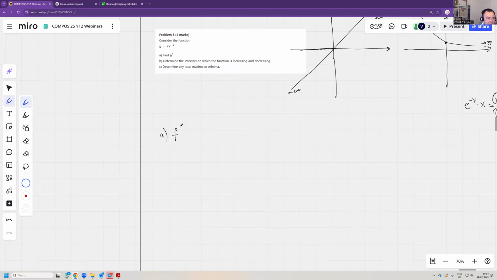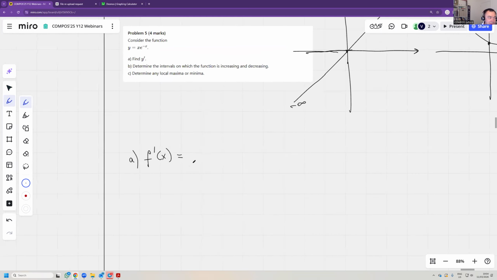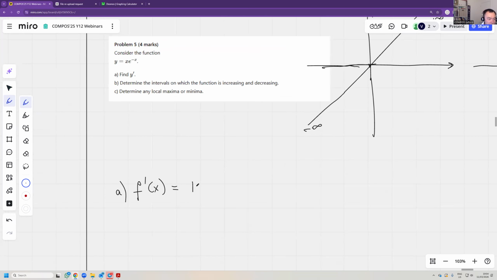So f dash of x, using the product rule, is 1 multiplied by e to the power minus x plus x multiplied by minus e to the power minus x. And so that's e to the power minus x, 1 minus x.